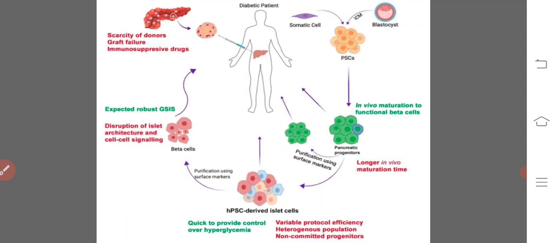Usually, beta cells never undergo cell division, but scientists succeeded in modifying the natural behavior of the beta cells and achieved cell division of the beta cells.